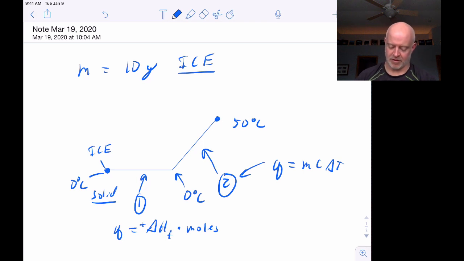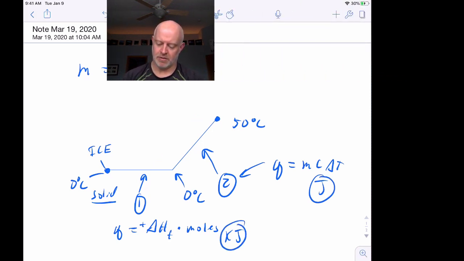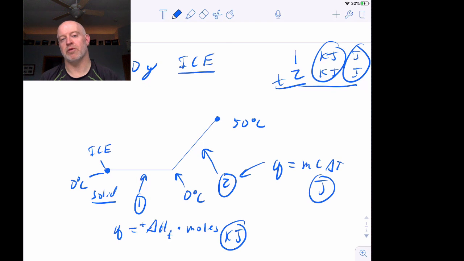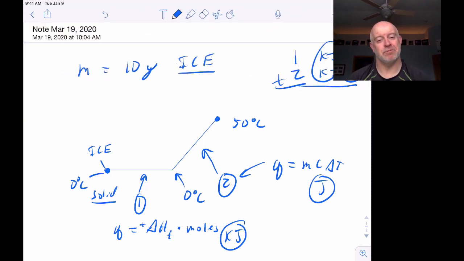Now, keep in mind, remember, this answer gives us things in kilojoules. This answer will give us things in joules. So let's make sure that when we're done and we take part one and part two and we add them up, that we're either both in kilojoules or both in joules when we add these up at the end, okay? So let's make sure that we are conscious of that as we're working our way through this process also. Those are the things I got to think about before I actually can start plugging numbers in, okay?